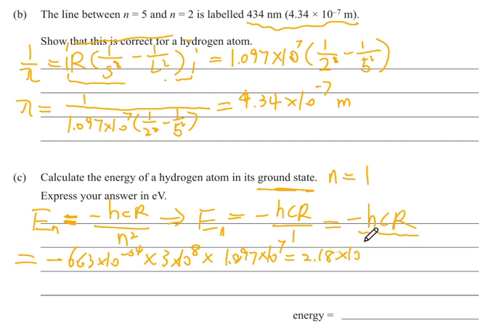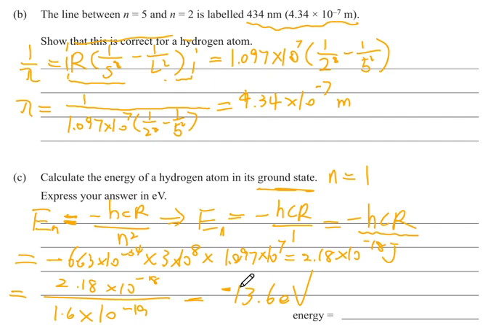It is 2.18 times 10 to the power of negative 18 joules, which equals 2.18 times 10 to the power of 18 over 1.6 times 10 to the power of 19, 13.6 electronvolts.